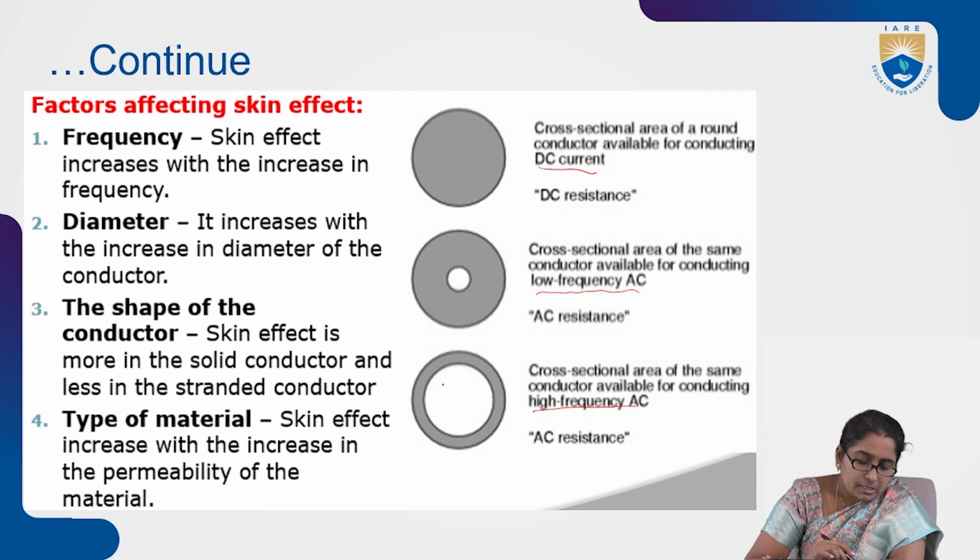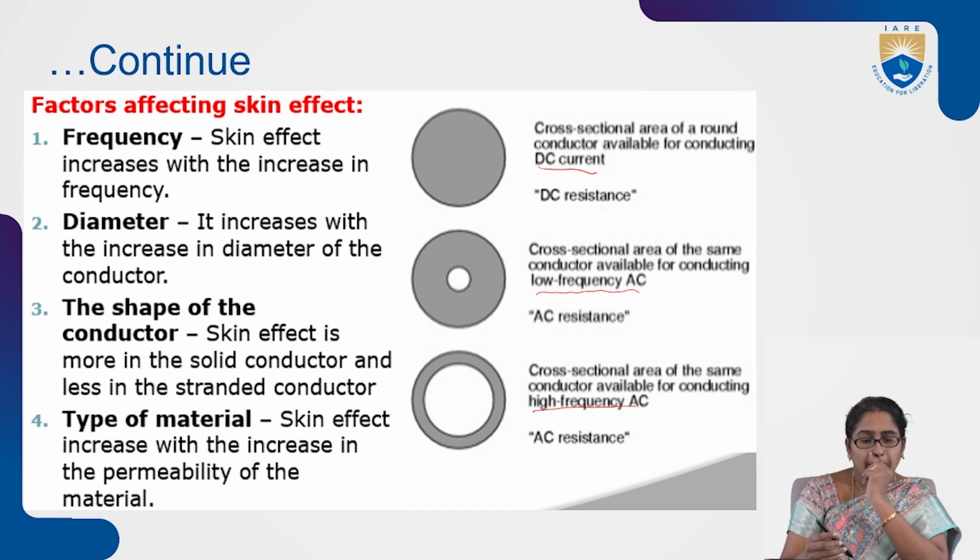Almost the majority of the current is concentrated, flowing only through the surface. The majority of the inner side of the conductor has no current. This is what happens with high frequency AC.